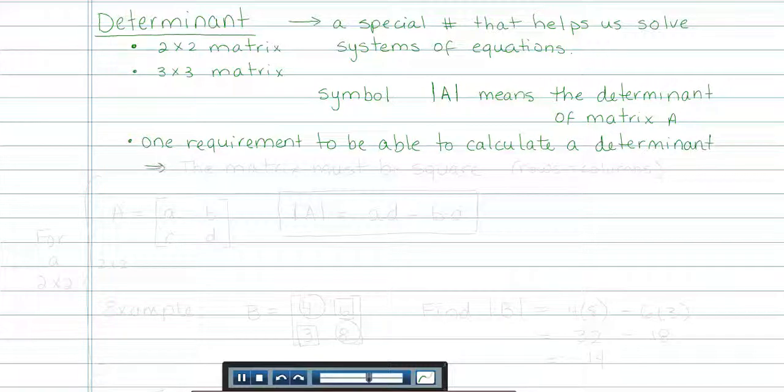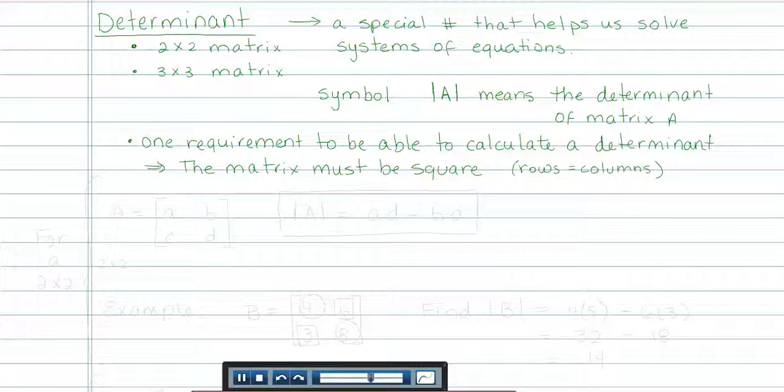That is, the matrix must be square. Remember, square means that the rows equal the columns. So you can calculate the determinant of a 2x2 or a 3x3.